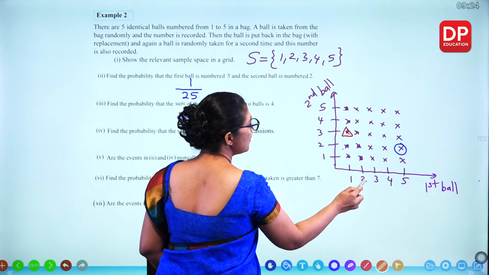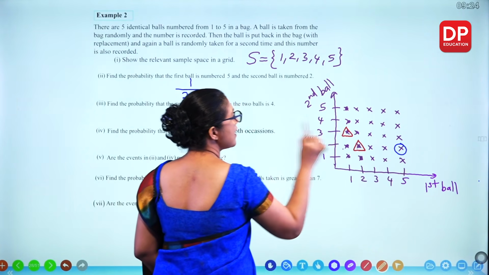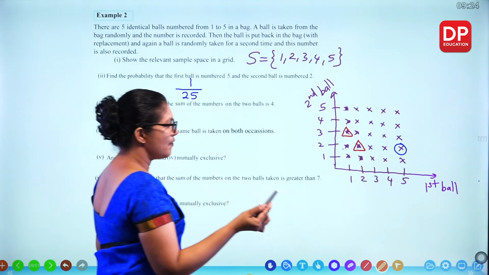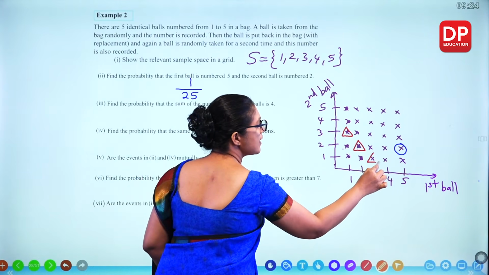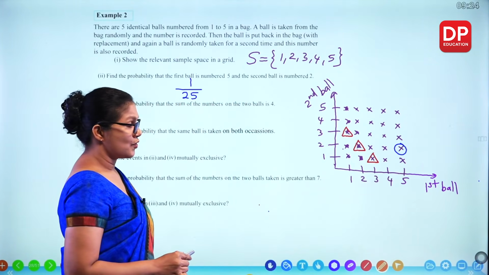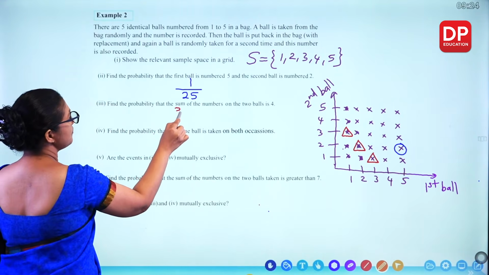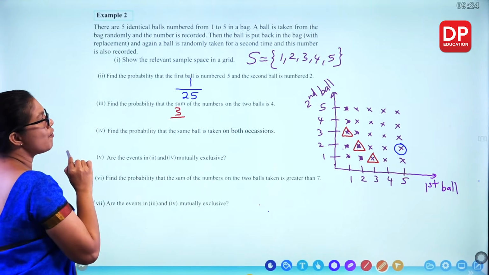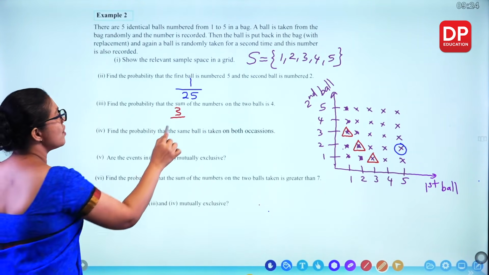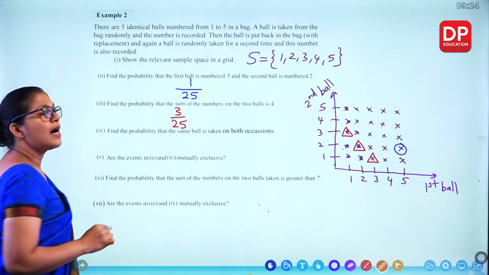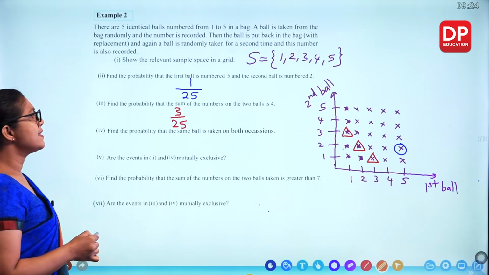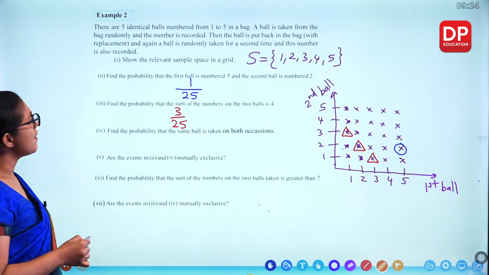Then with 2, I can get 2 with 2. With 3, I can get 3 and 1. So altogether 3 possibilities are there to get sum 4 out of 25 outcomes. So probability is 3 over 25.